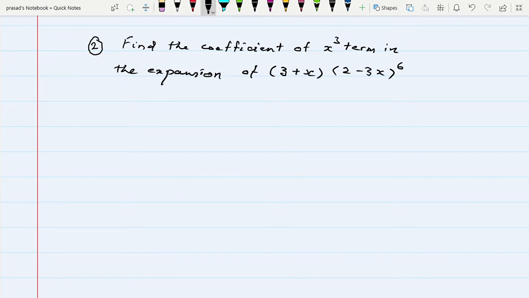Now keep one thing in mind, that whenever such a problem comes, you don't have to fully expand the second bracket, that is (2 minus 3x) the whole raised to 6. Only think this. I will just show you in the rough here.